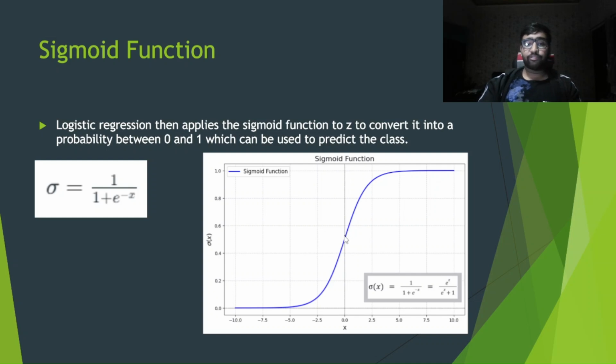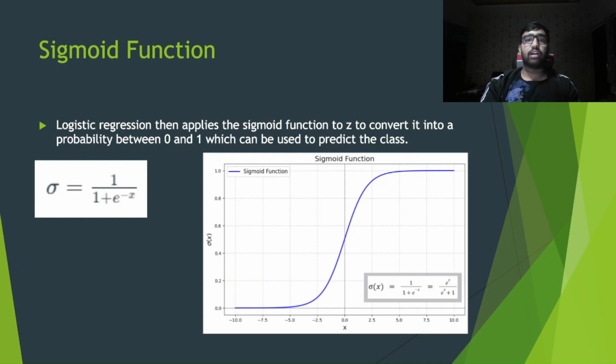For example, if I have decided my threshold would be 0.4, then all data points for which the sigmoid function has a value greater than 0.4 would belong to class 1, while the others would belong to class 0. So this is how logistic regression basically works.